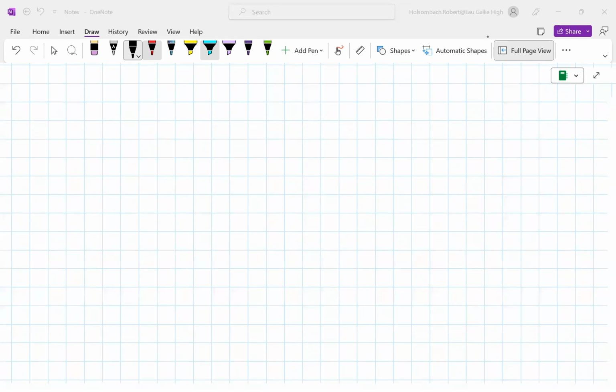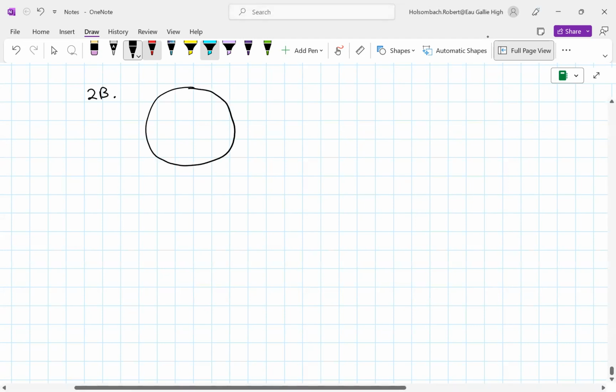Let's look at that other circle there, example 2B. Because now we're given the diameter. We're given 6.2 as the diameter.